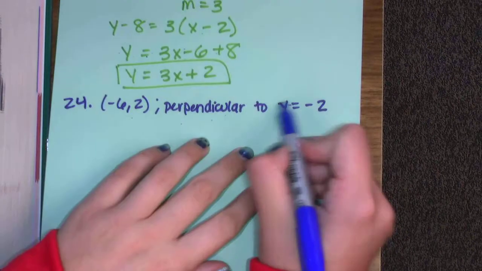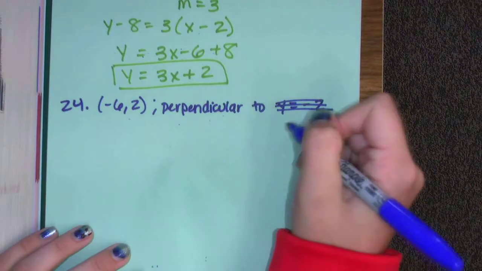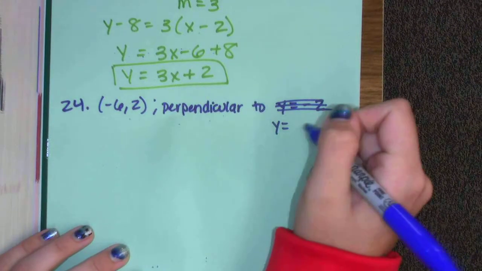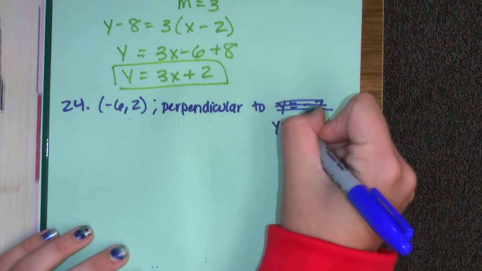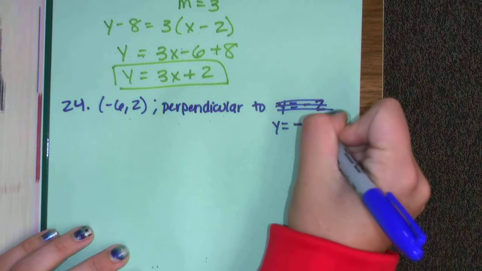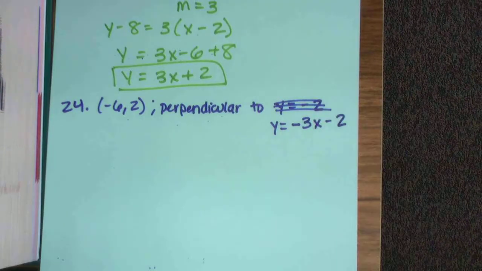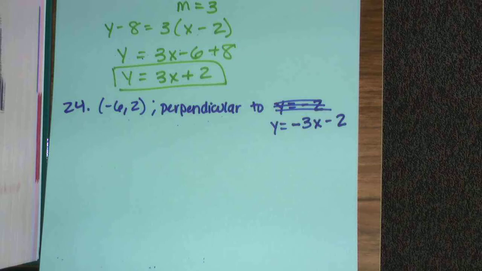Let's do something different here. Let's do negative 3x minus 2. Yeah, that's what I wanted to do, and then we actually do something for it.